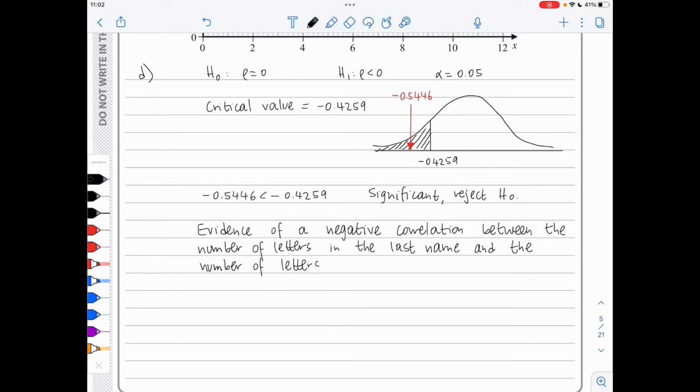So we always need a conclusion in context, otherwise we won't get full marks, which pretty much uses the keywords arising from the question itself.